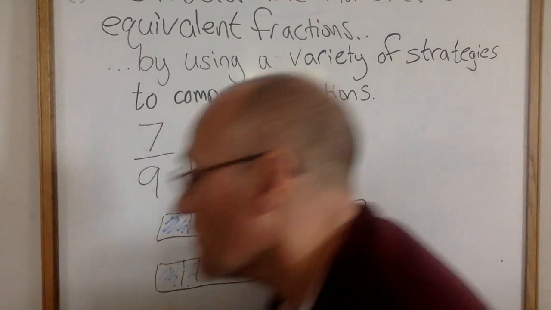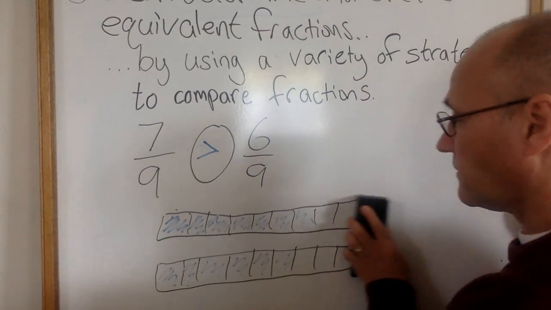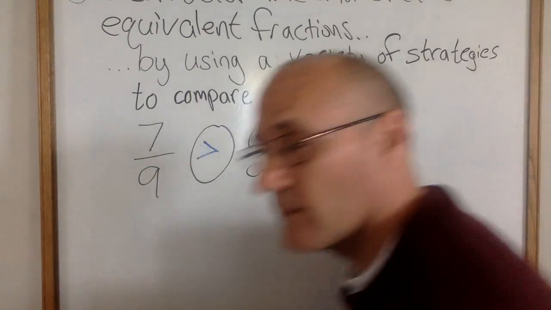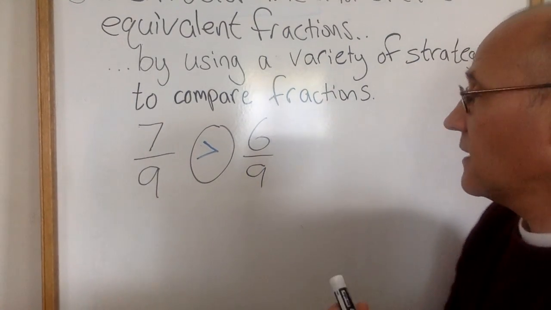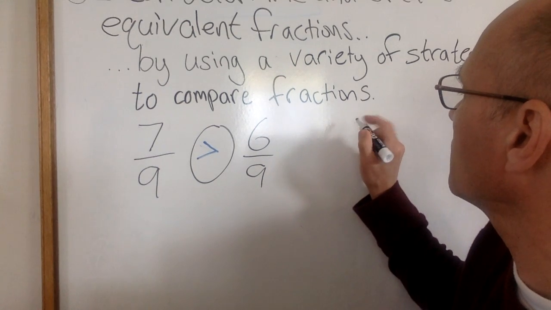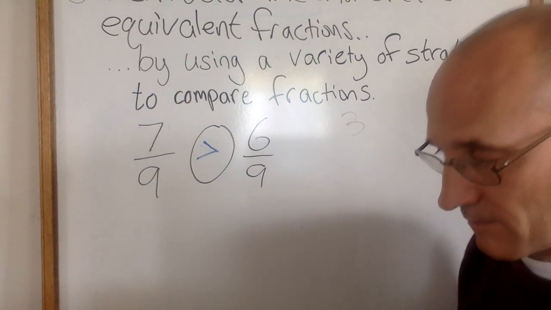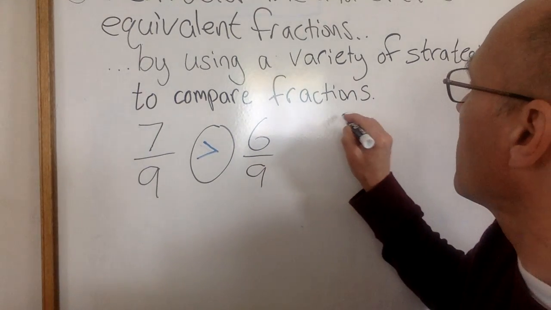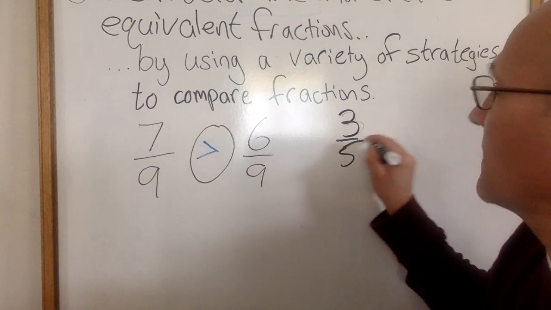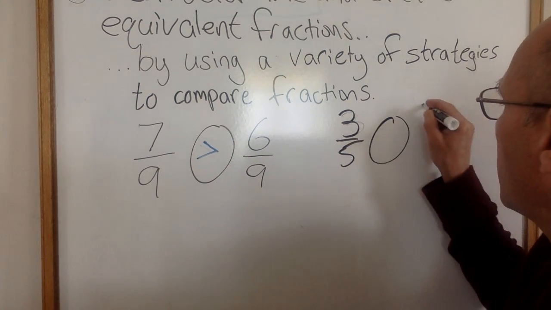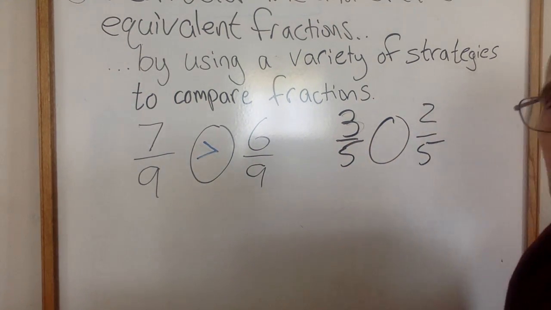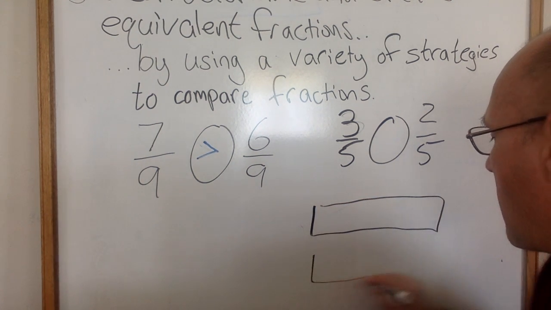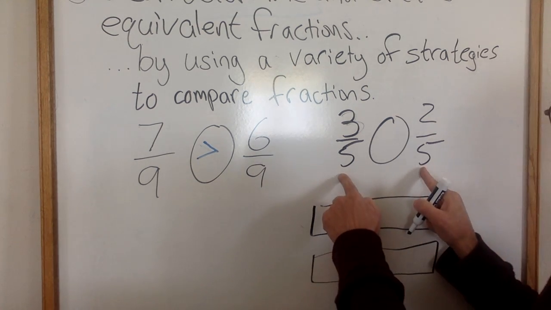Now let's take a look at another one. Let's use 3/5 compared to 2/5. So as I draw my bars, both of them are getting broken into fifths.